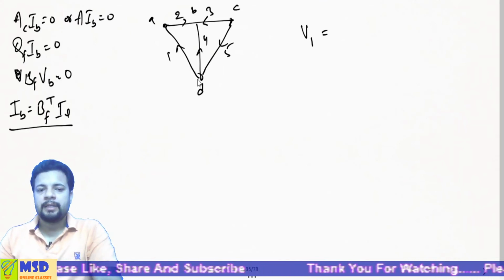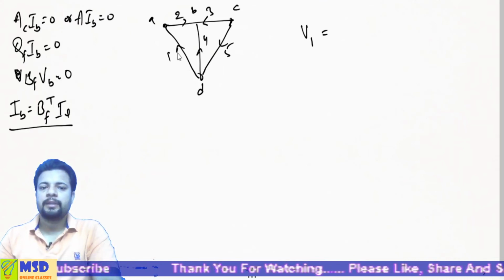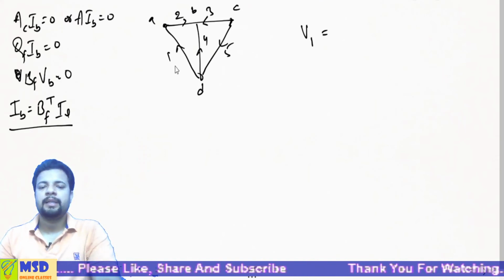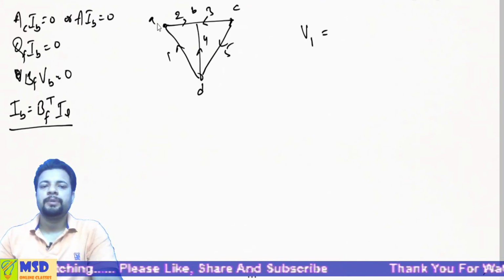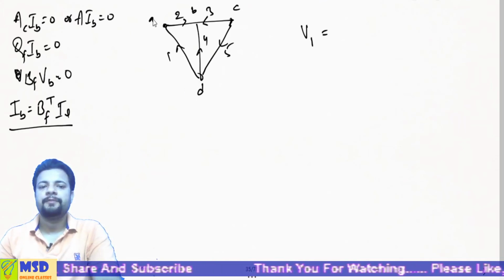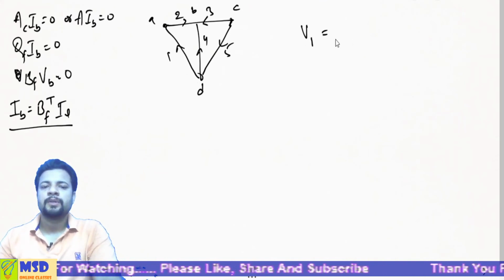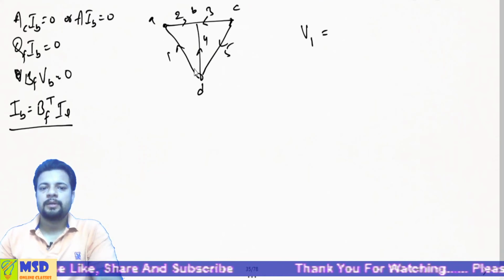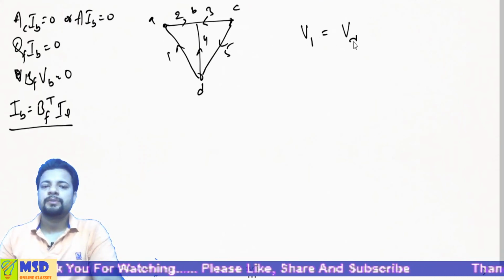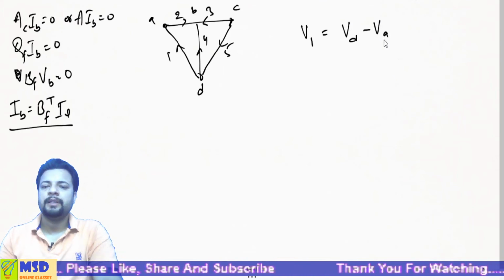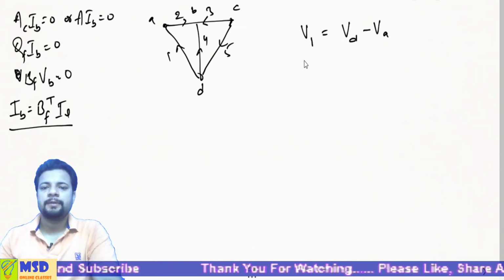If the direction of current flowing in branch number 1 is assumed to be from D to A, then with this assumption VD is at a higher potential than VA. Then only can we assume that current is flowing in this direction. So for this direction we can say V1 is equal to VD minus VA. I hope I'm clear here.